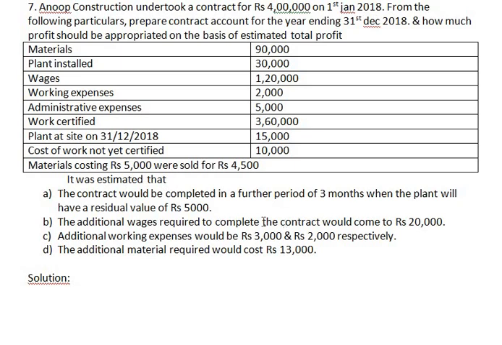For those 3 months, whatever expenses will be incurred are given. The profit we transfer to profit and loss account should be based on estimated profit, but we don't know how much the estimated profit is.